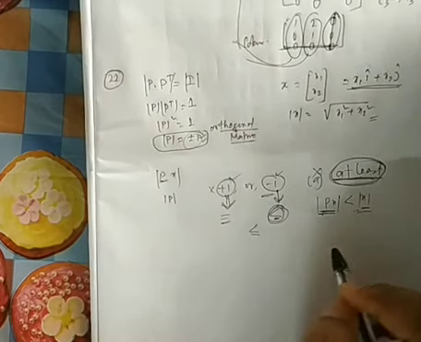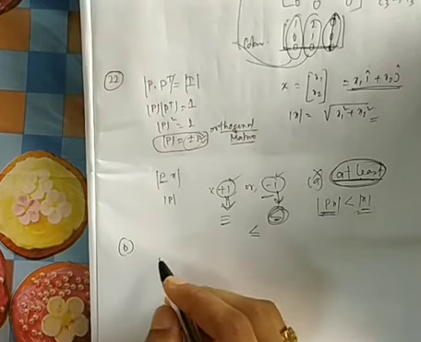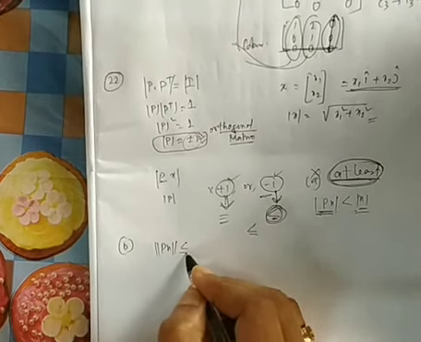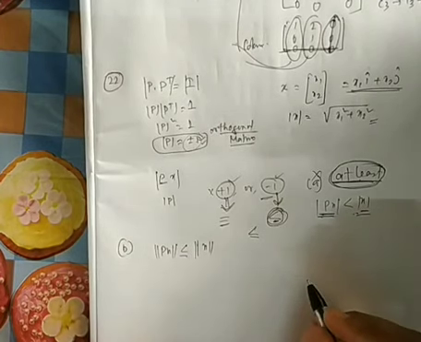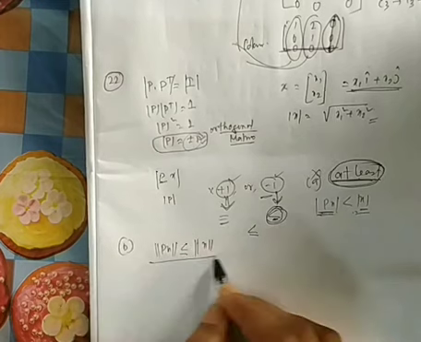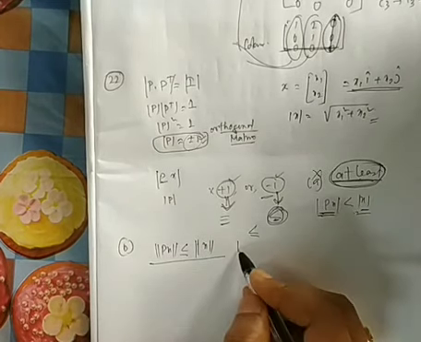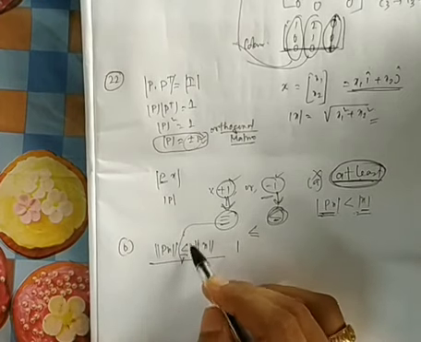You have to logically think which one is the correct logic. So B says less than or equal to for all. Now for all means it will be true for all. So it is true, because equal to is for this one and less than is for this one.